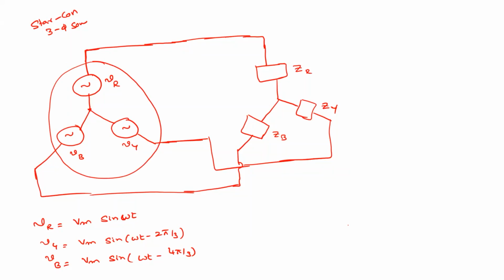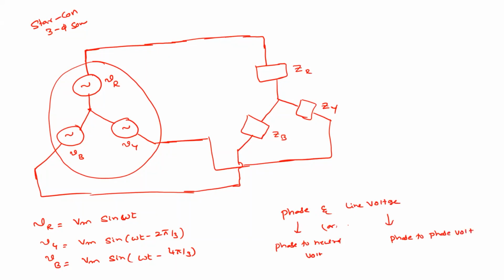So we have two different voltages: one is the phase voltage and the other is the line voltage. Phase voltage is phase to neutral voltage.